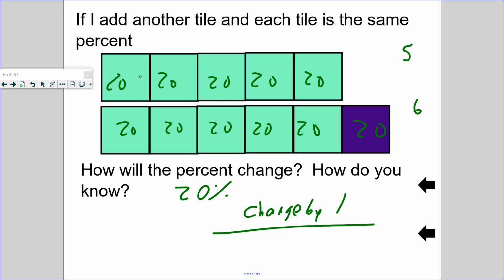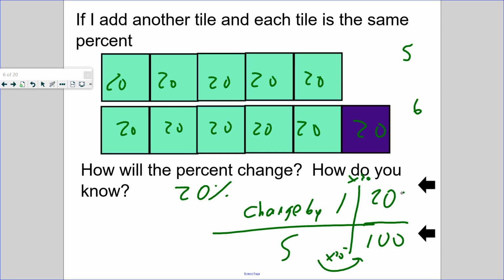How many tiles are in the original picture? 5. So how can I turn this change into a percent? How do you build it from 5 to 100? Times 20. So there's a 20% increase. That's another way to do it.